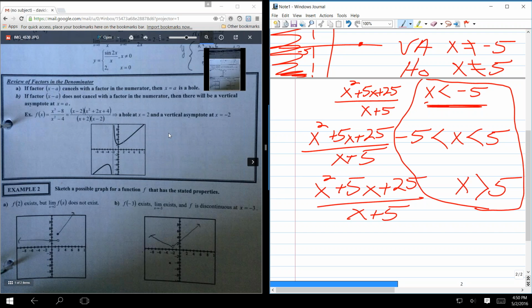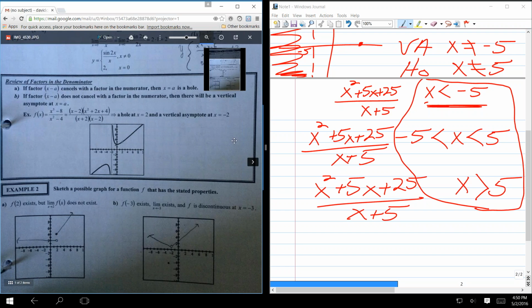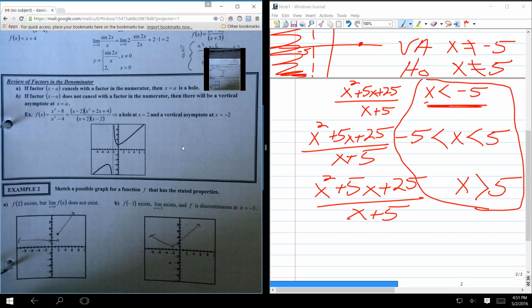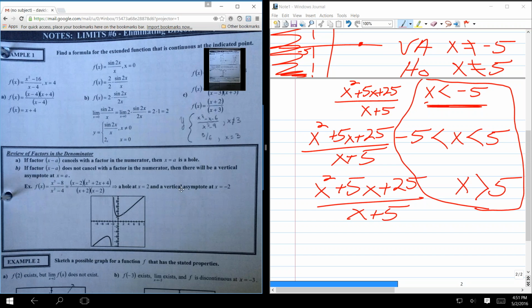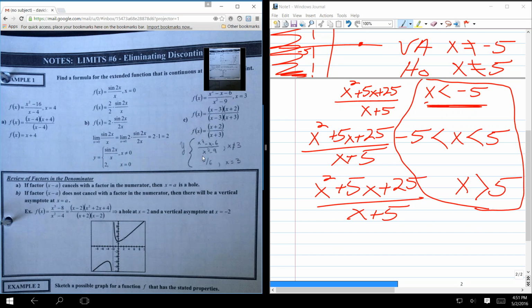So this problem here was done exactly as I did mine, or as we did the very first one. She doesn't have any examples that end up listing it as a piecewise. Maybe she does.